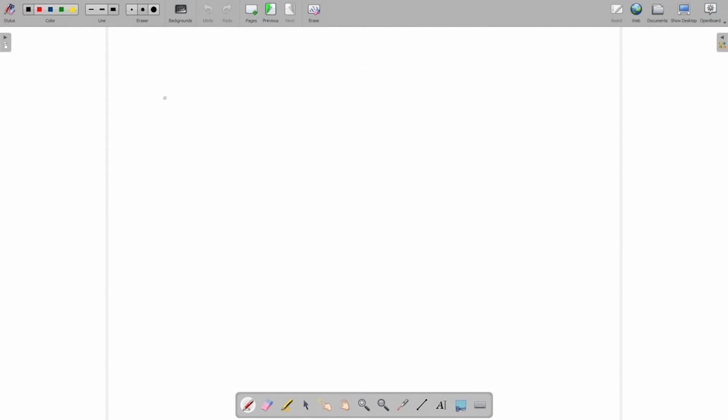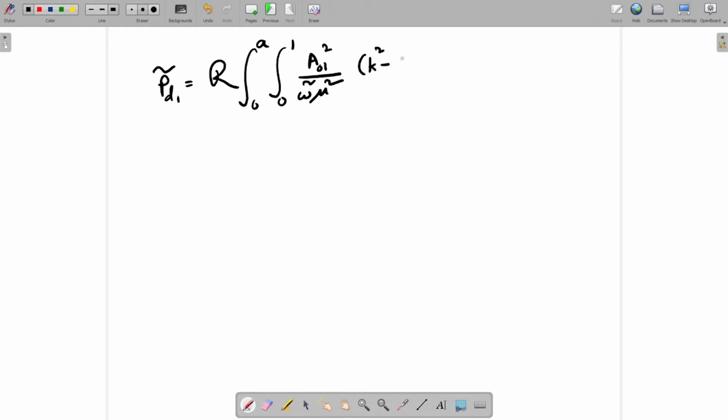And therefore, the expression for PD1 tilde becomes equal to R, integral 0 to A, 0 to 1, A01 square by omega square mu square, k square minus kz01 square whole square dz dx.